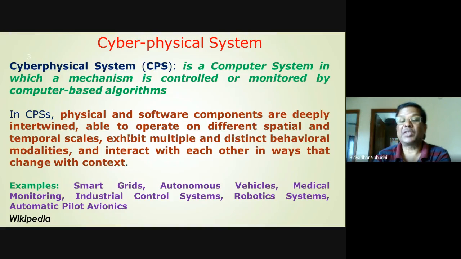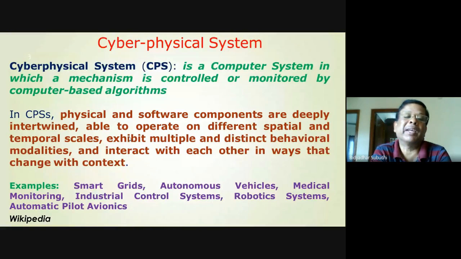Before I start, let me tell you what a cyber physical system is, now a buzzword across the globe. Basically, we understand a cyber physical system as a computer system in which a mechanism is controlled or monitored by computer-based algorithms. That means in a cyber physical system, the physical and software components are deeply intertwined, and the CPS is able to operate on different spatial and temporal scales.